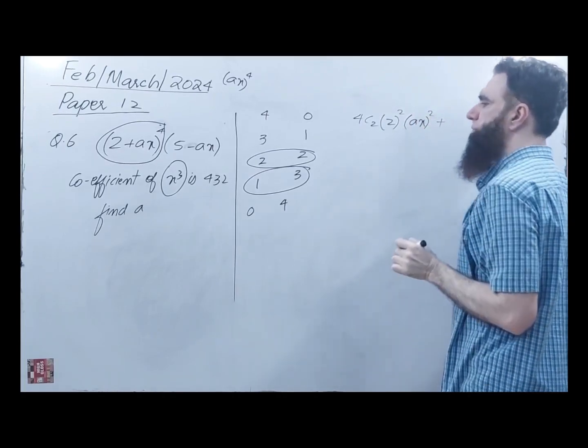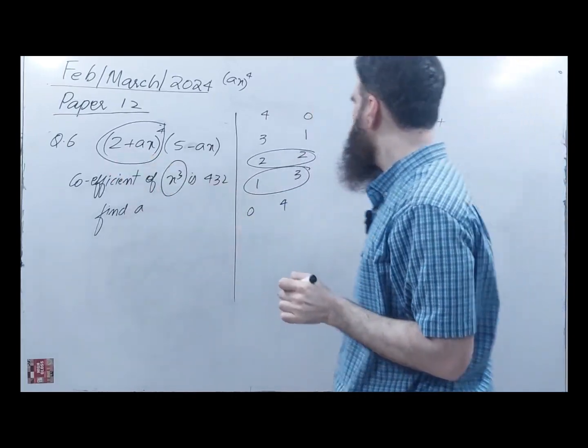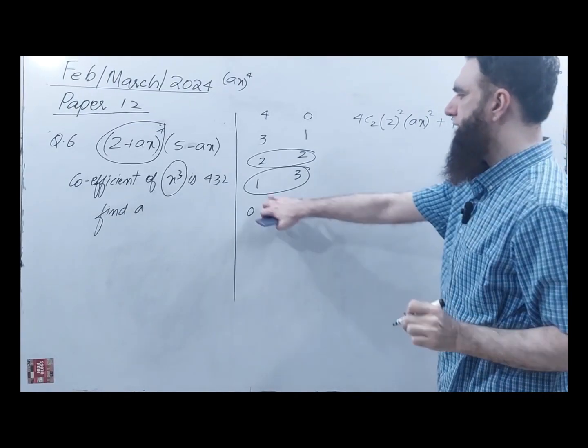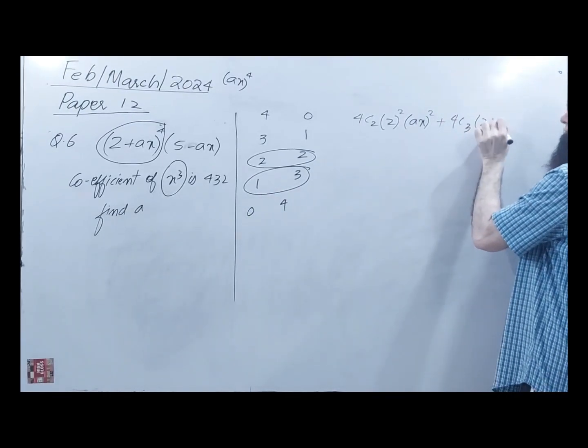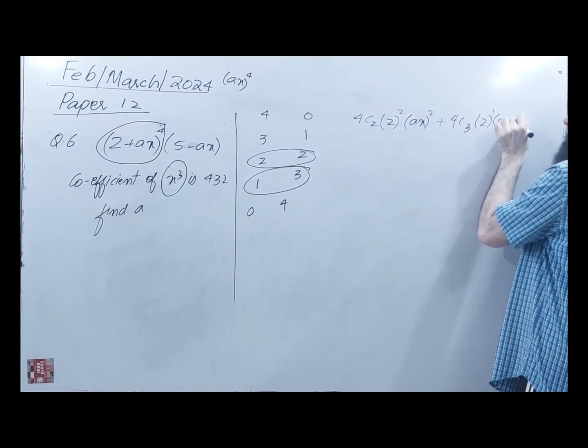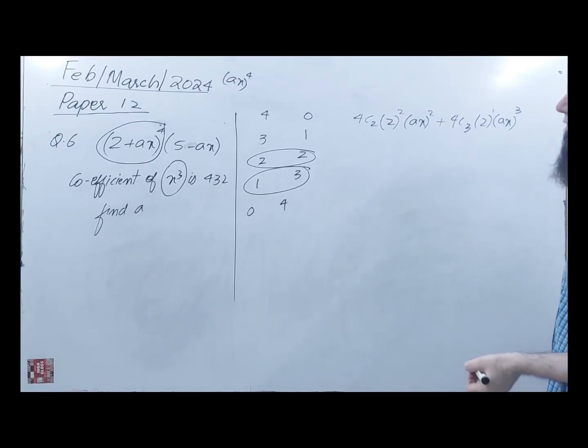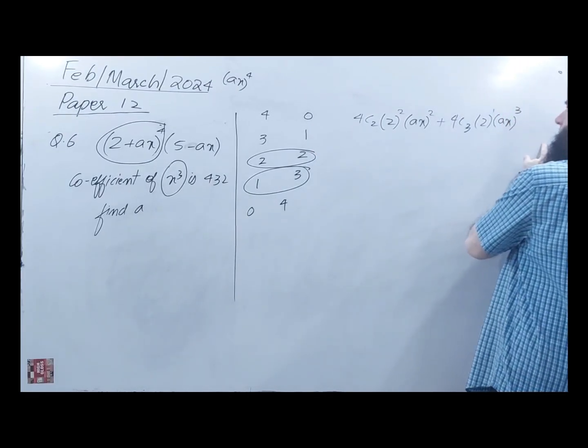This is the third term. And the fourth term is 4c3, 2 power 1, and ax power cube. I've already discussed we don't need the first two terms and the last term.